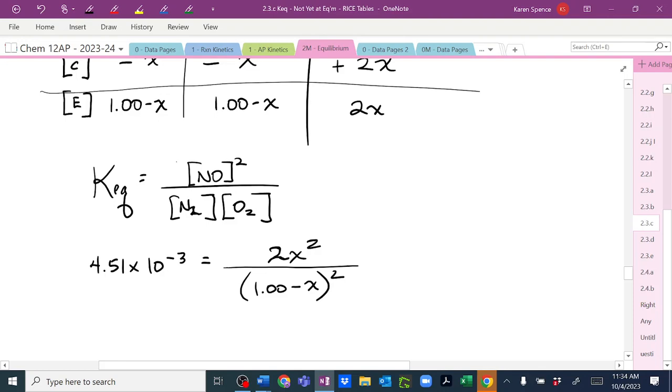Do you like what I've written? Yep, we need to have brackets here because otherwise we're not squaring the whole thing. We got to square the whole thing. And you know what's really nice?